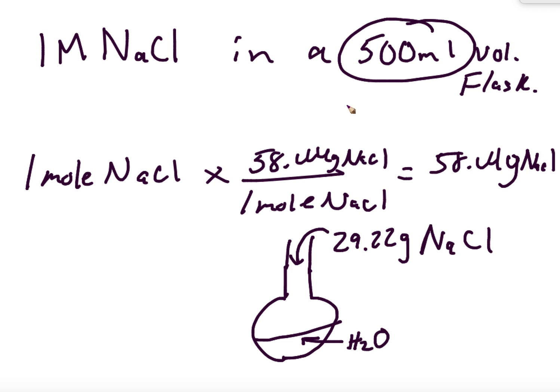Now, what if we did it for only a 250 milliliter volumetric flask? Then we divide by 4. So we'd only put 14.61.